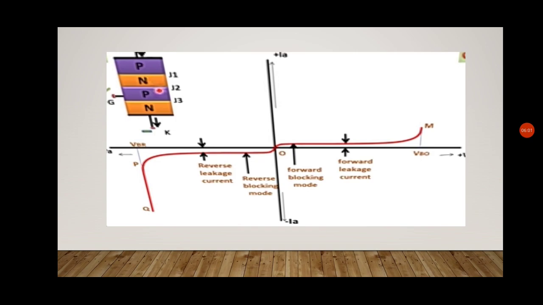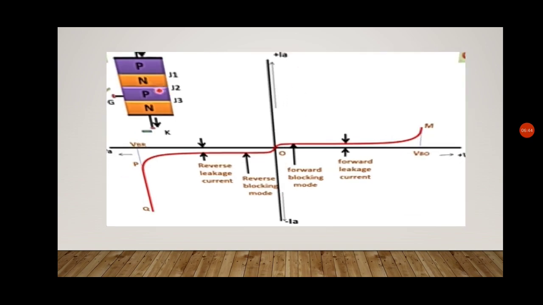Due to junction J2 being reverse biased and a depletion region being formed there, a large current won't flow through the SCR because J2 will block it. The reverse bias in the junction J2 will block it. So, a very minimum current is flowing through the SCR, which is the forward leakage current. And this mode, that is from 0 to M, is the forward blocking mode.